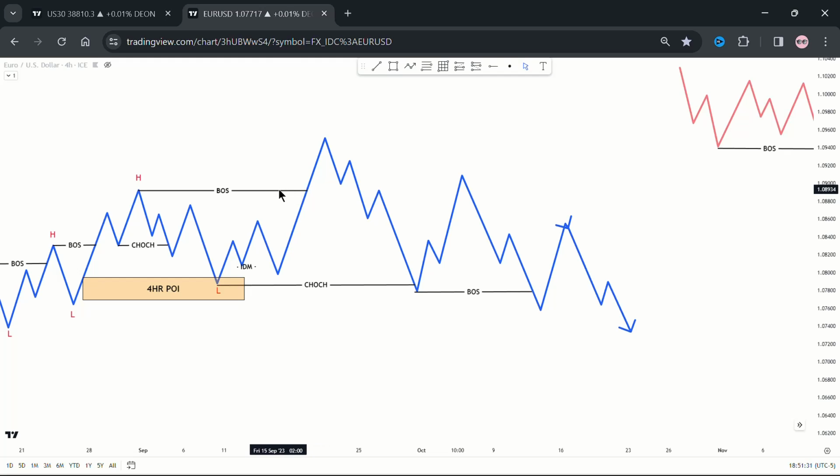So the bias, I'm saying this again, the bias helps you to enter higher quality trades. It helps you identify higher quality trades and also helps you to know which trades you can hold for long.